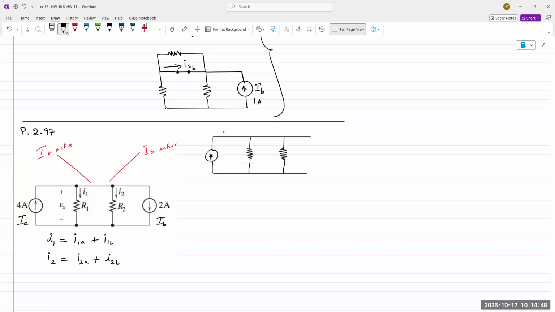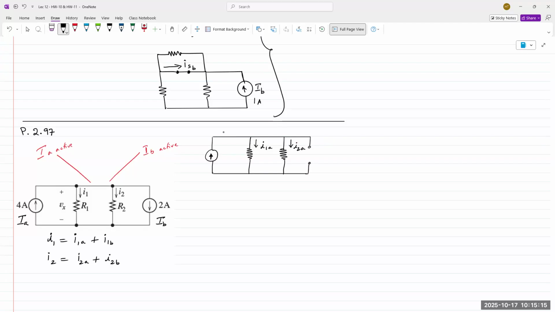To deactivate a current source, we simply remove it from the circuit and replace it with an open circuit. Voltage sources are replaced with a short circuit. So this would be I1A, and this would be I2A.